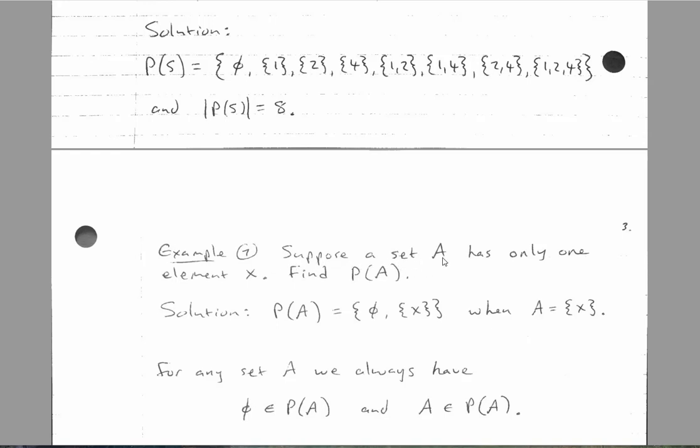Example 7, suppose a set A has only one element, X. Find the power set of A. If A is a singleton with just one element X, then we have the empty set, we have A itself, and there are no more subsets, so the power set of this A just has two elements.